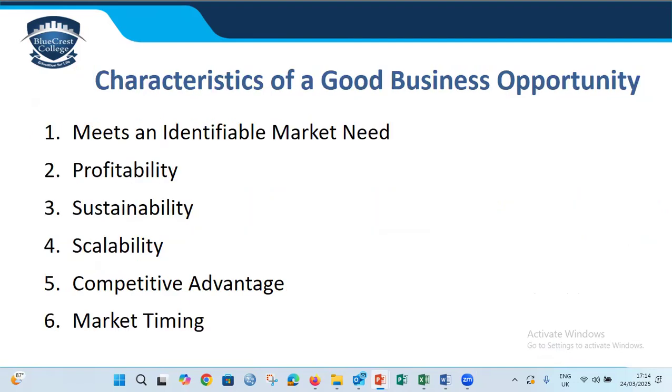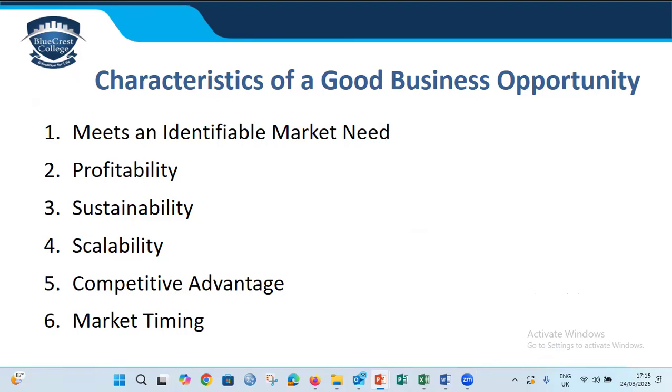So if you have an idea that has the potential to generate income or be developed into an enterprise, how do you know if it's a good business opportunity or not? There are some characteristics of a good business opportunity. Number one, it meets an identifiable market need.